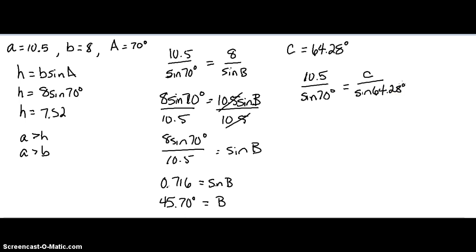If we go through the same process of cross multiplying, I get 10.5 sine of 64.28 is equal to c sine of 70.